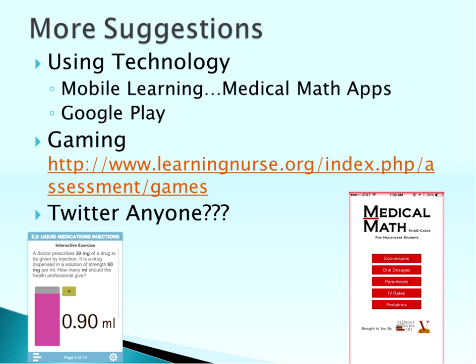Now, for gaming, over on the left-hand side at the bottom is a game that you can use if you go to learningnurse.org. There are also other games that are out there for MedMath. I suggest that in the virtual land of reality, you can have syringes or vials.